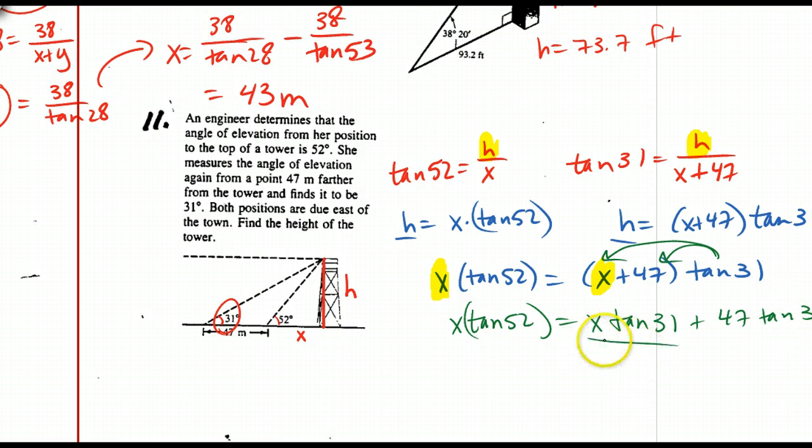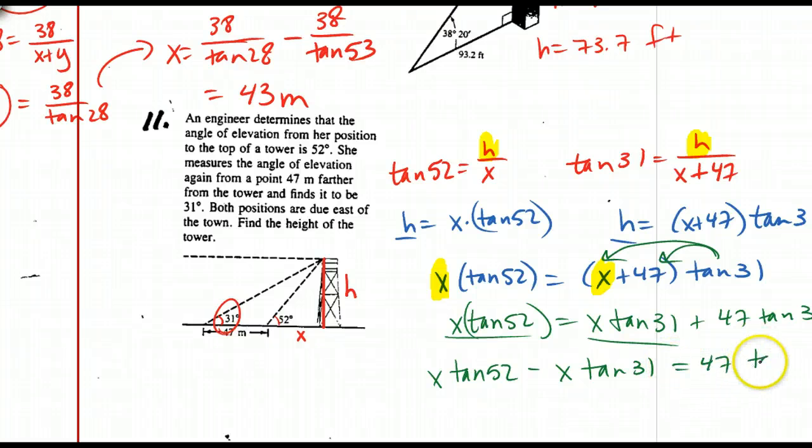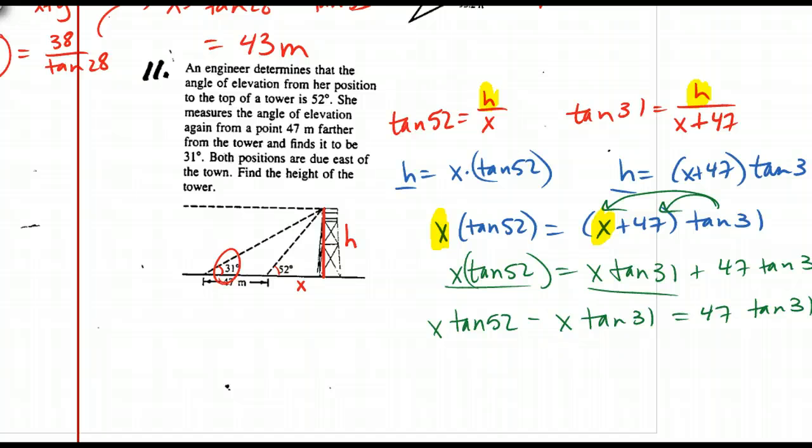We would like to get all the x terms together on the same side. So we have x tangent 52. You don't have to write the parentheses. You can. Minus x tangent 31 equals 47 tangent 31. And I'm going to factor the x out.